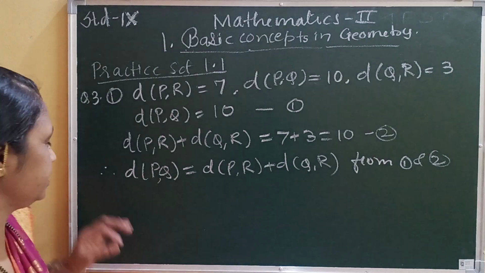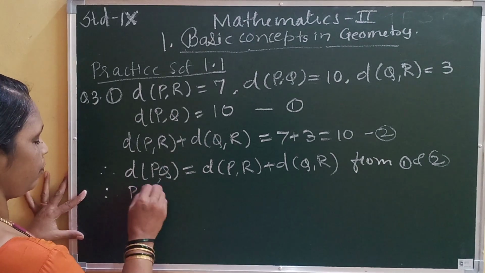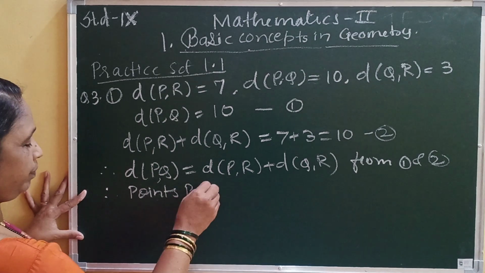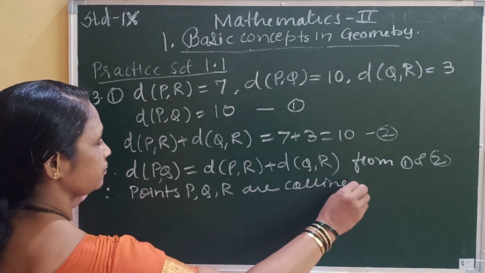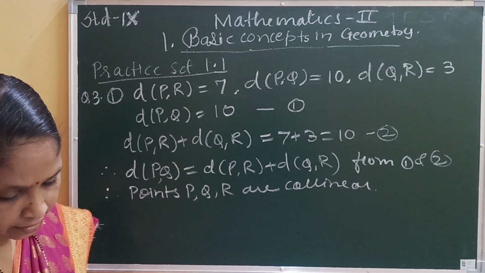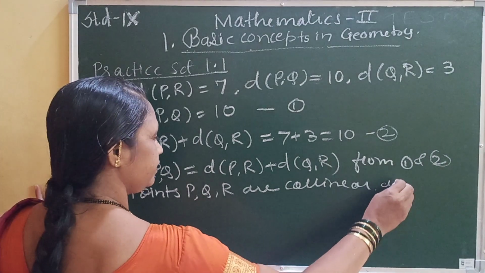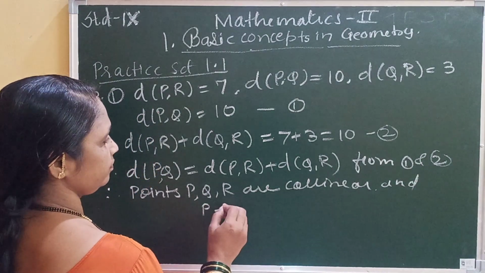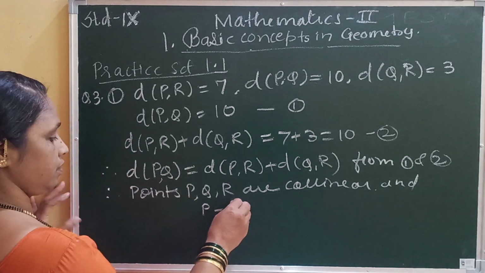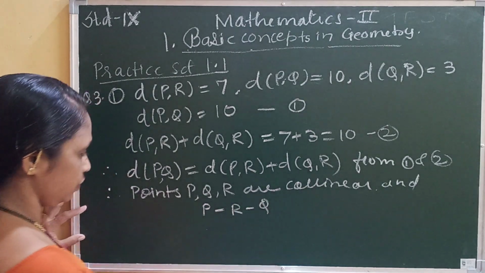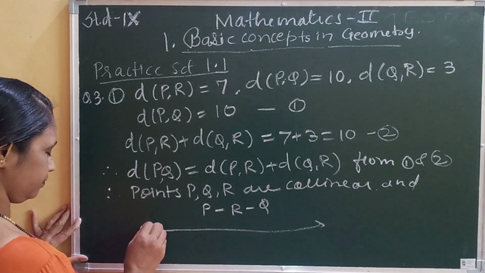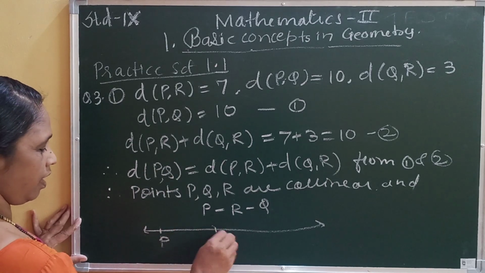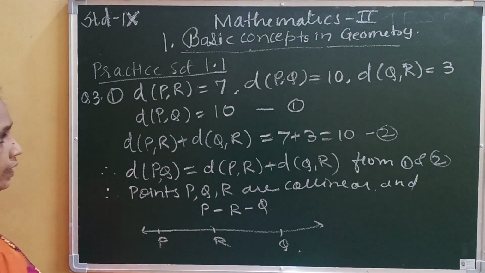And therefore points P, Q, R are collinear, and P, R, Q is the order. Diagrammatically we can represent it as P, R and Q. Like this you have to solve. Now next example we will see.